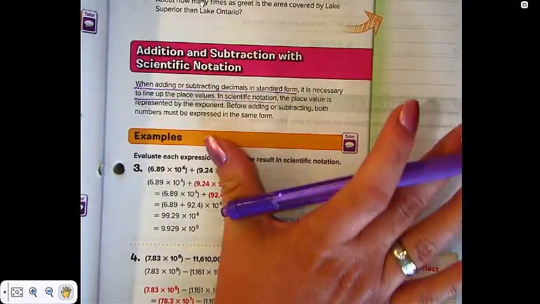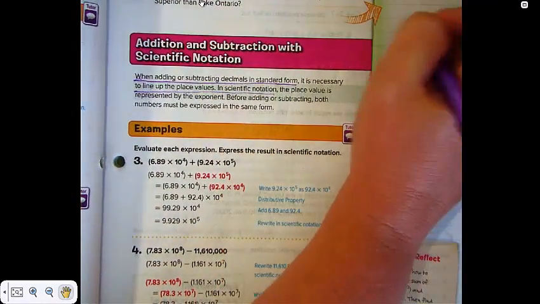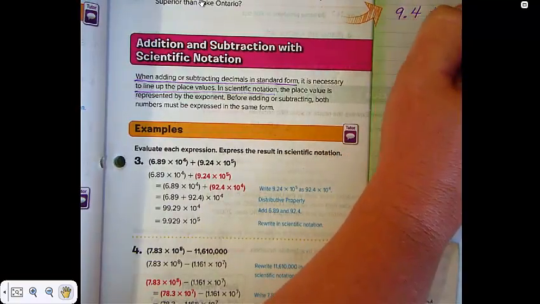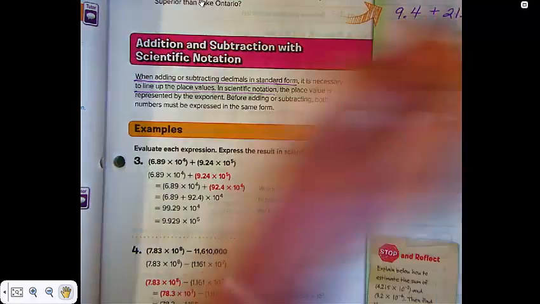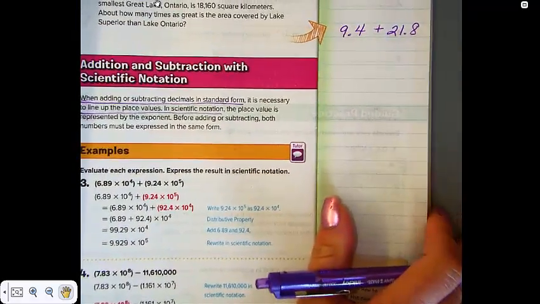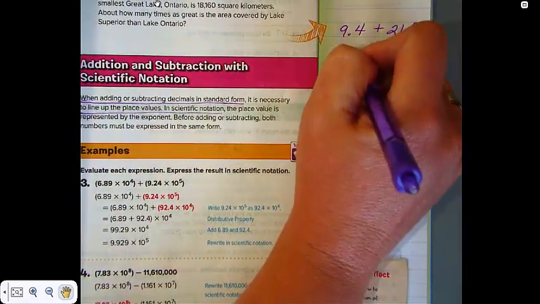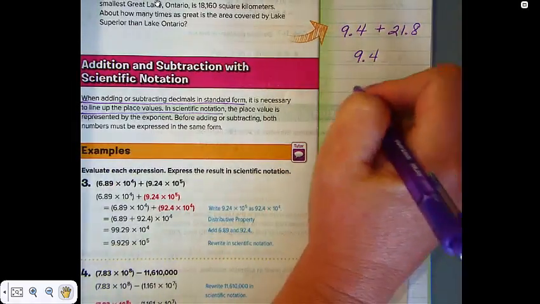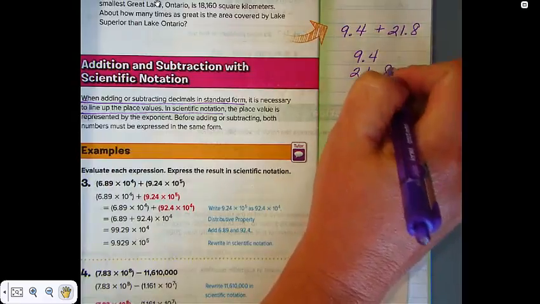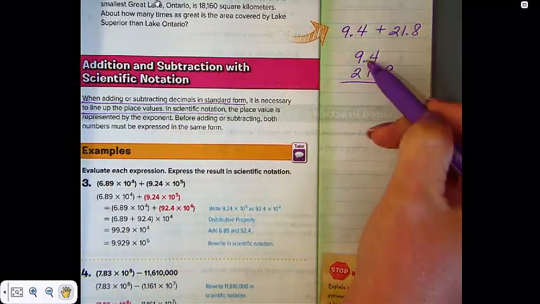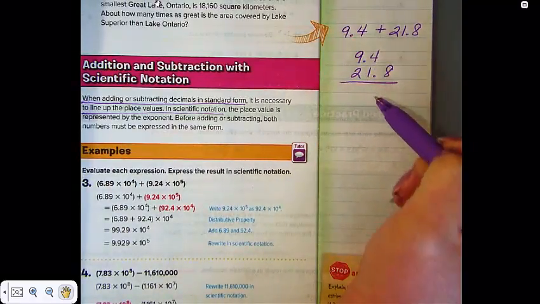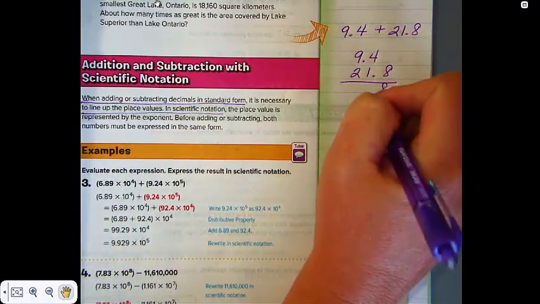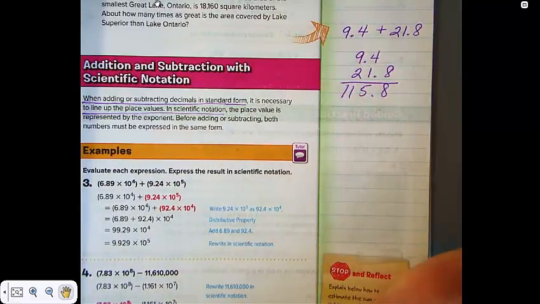So I'm going to do one over here because I want you to look at it. Let's say that I have 9.4 plus 21.8. The decimal points have to line up whenever you do this. It would be so easy to write 21.8. But if you do this, you're going to get the wrong answer, because my answer should not be 115.8.